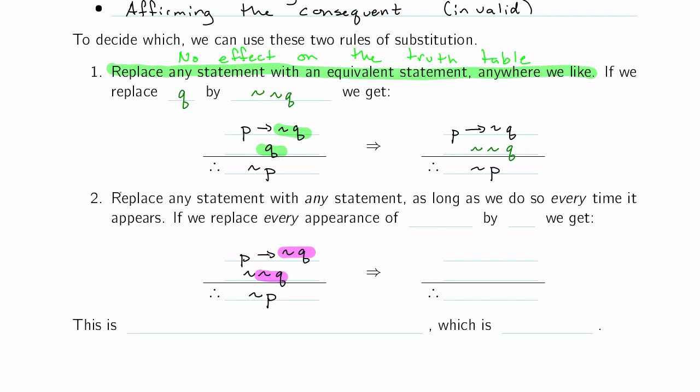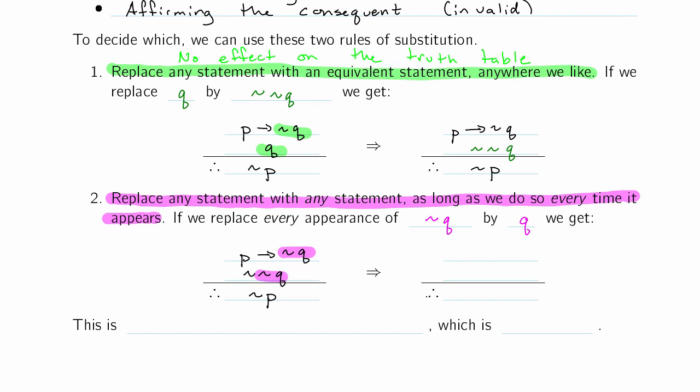That gives us our second move. We can replace any statement with any other statement, as long as we do so every time it appears. So we're going to replace every appearance of not Q by Q. And we'll make sure that we don't have any appearances of just Q. And what that actually does is, if we were looking at the truth table, that just changes the order that the truth table rows appear in.